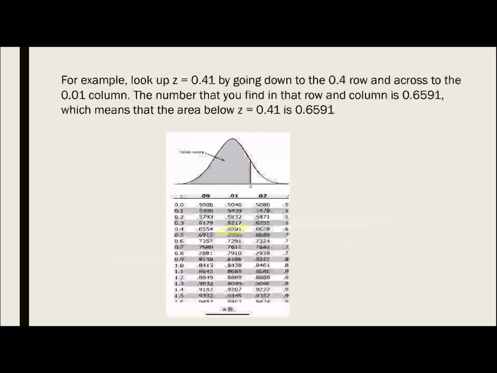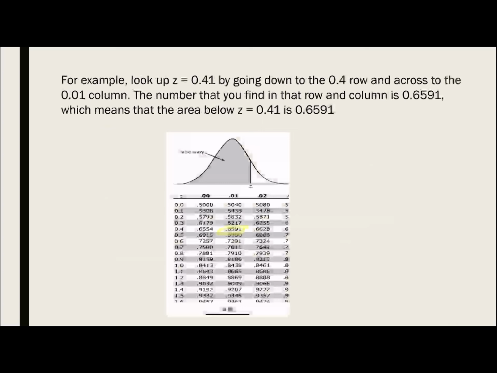For example, look up z equals 0.41 by going down to the 0.4 row and across the 0.01 column. We use the 0.01 column because of the 0.41, and the 0.4 row because it's 0.4.